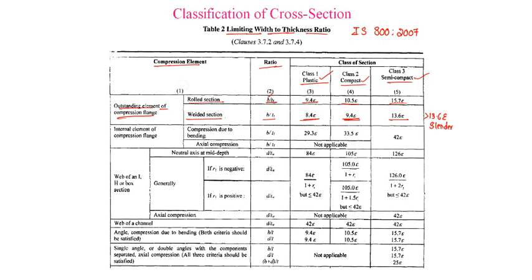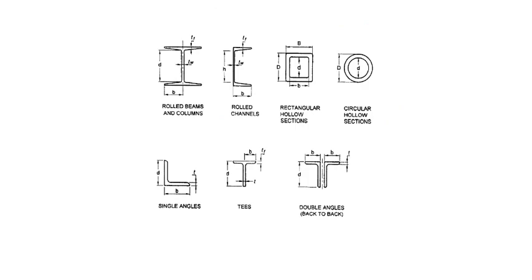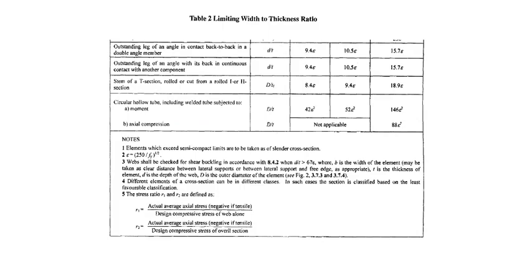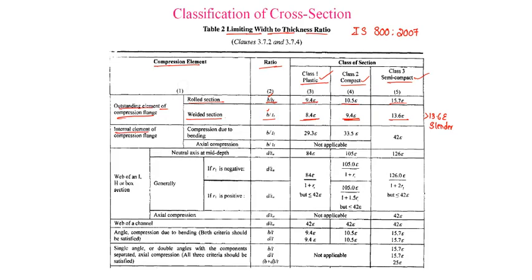And in this too, b is defined separately for rolled and welded sections. For rolled sections b is the outstand width, whereas for welded sections b is the clear outstand width, and epsilon is the square root of 250 by fy.